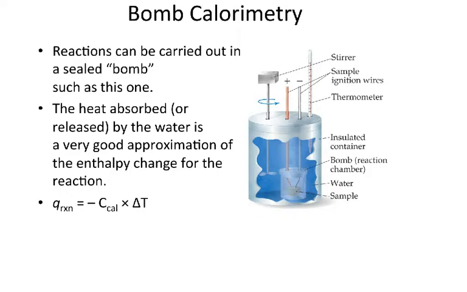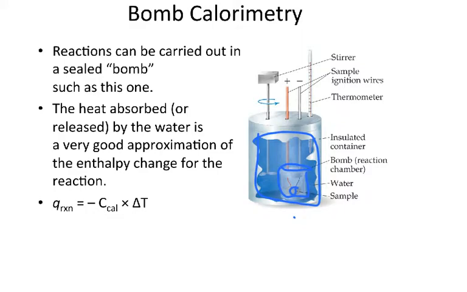In bomb calorimetry, you have a reservoir filled with water, and another reservoir, the bomb chamber, where you put your sample and essentially combust it. You can then measure the heat absorbed by the surrounding water, which gives you an approximation of the change in enthalpy for that reaction.